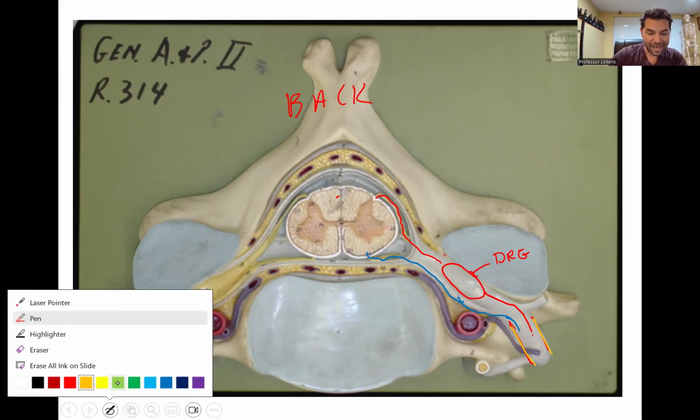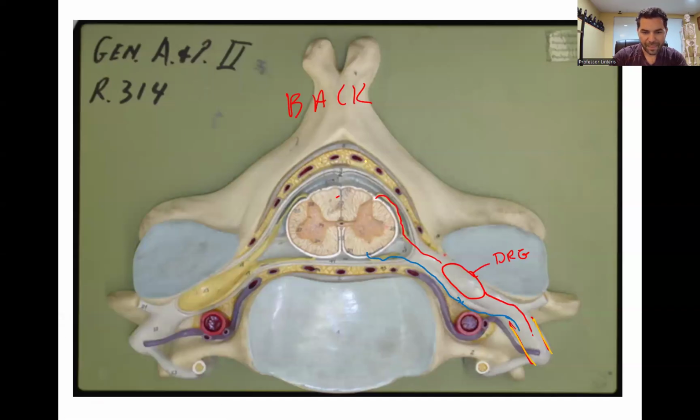I will only highlight the ones you can see pretty good. And that first one is the epidural space.